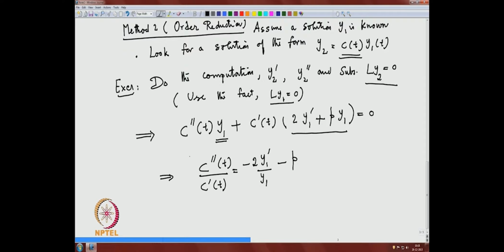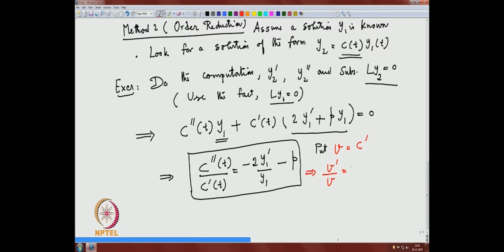You see, you have an equation, even though it looks like a second order equation. If you put V equal to C prime, that will imply V prime by V is equal to minus 2 y 1 prime by y 1 minus p.